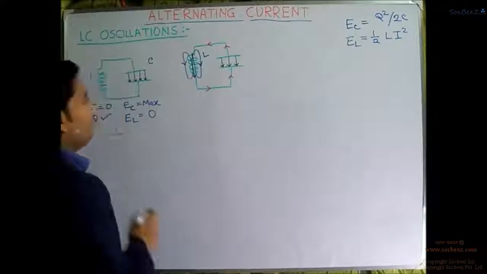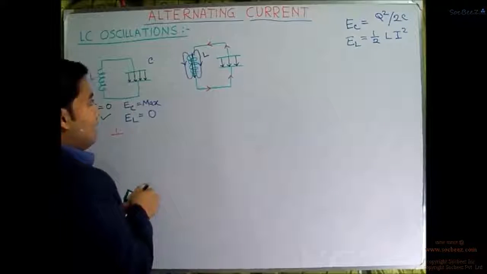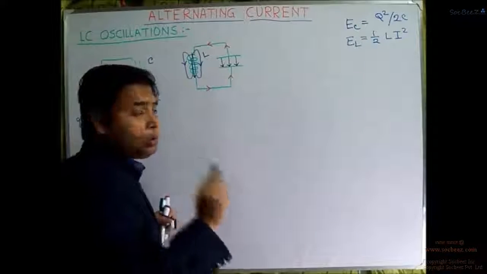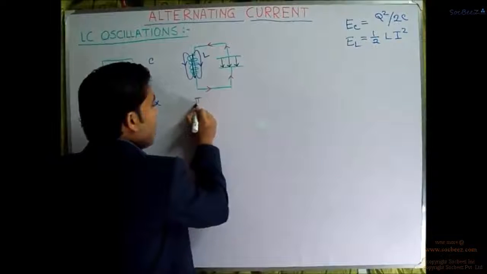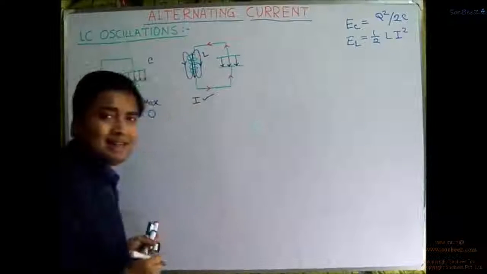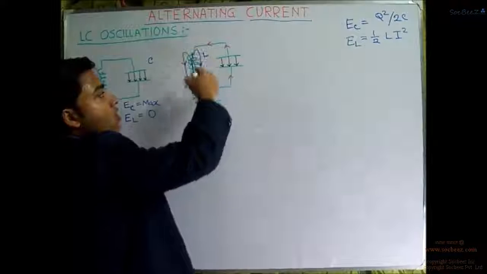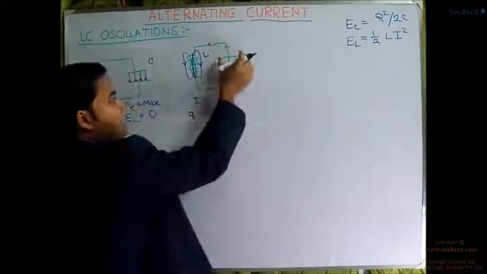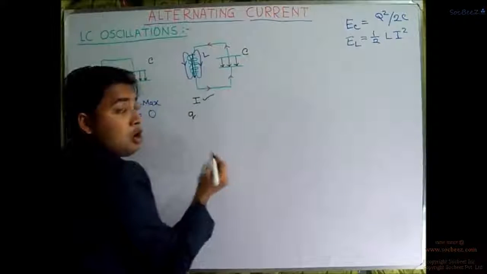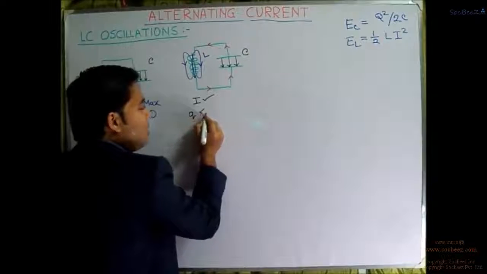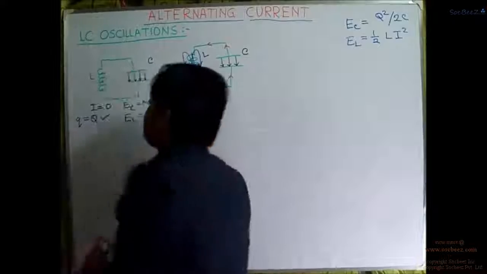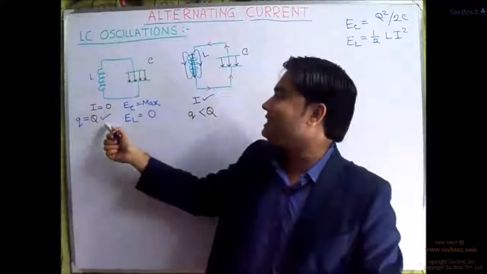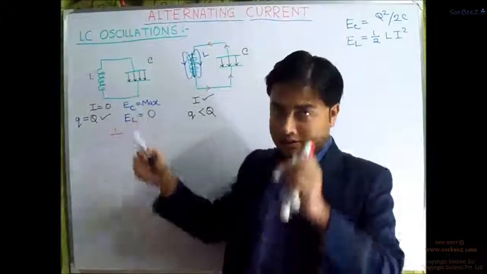Now over here an amount of current I is present, and the Q which is present in the capacitor will now be lesser than the total amount of Q that was present in the first case, right?